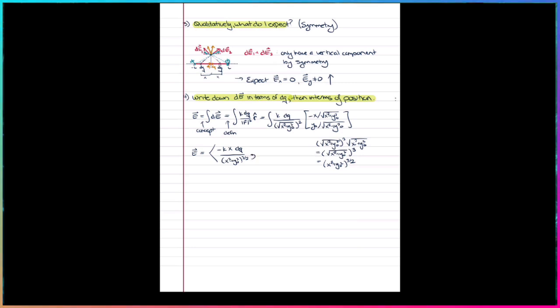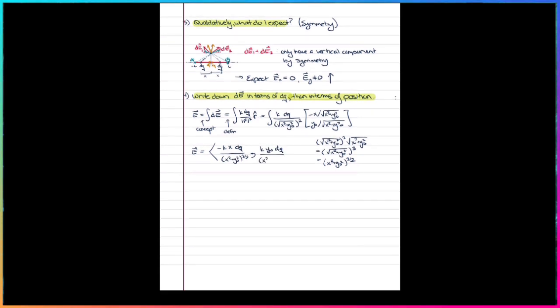And then the y component looks like it's k y naught dq, divided by the cube of the square root thingamajig. Oops, I've lost the integral signs.